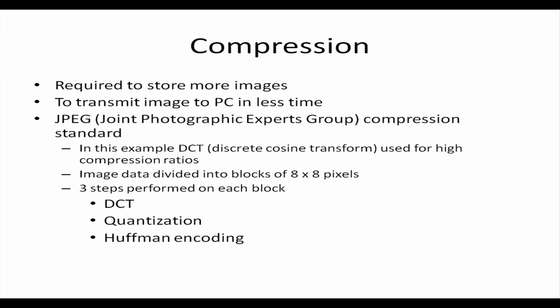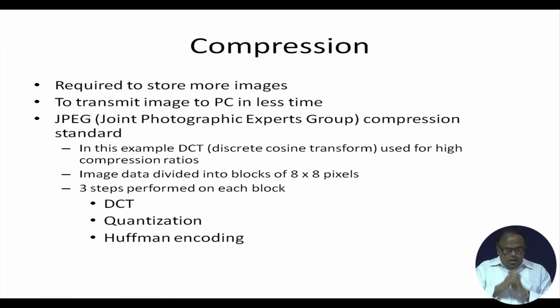Next we need to do compression, and that is required to store more images, and to transmit images to the PC in a lesser amount of time. If I can compress, then I will have to transmit fewer bits. In digital cameras, we are using the JPEG format of compression.